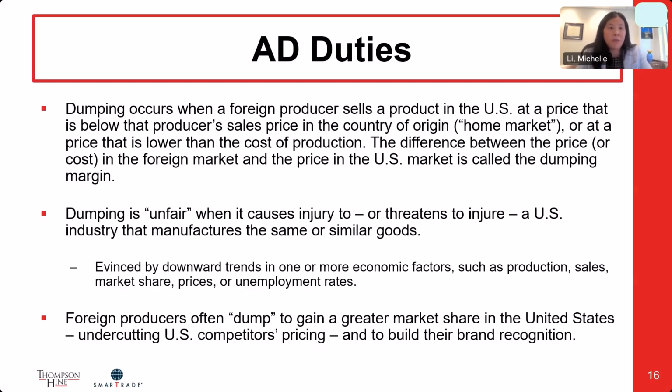There are more and more unemployments, layoffs, and they might even go bankrupt. All those poor performances of the baby shop, the U.S.-owned business, will be indicia of injury. And foreign producers often dump to gain a greater market share in the first place and then build their brand recognition later. So that's why we want to curb dumping. This is an unfair market distortion practice. Next slide, please.